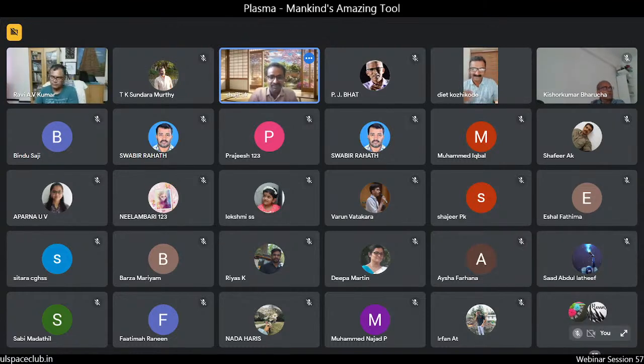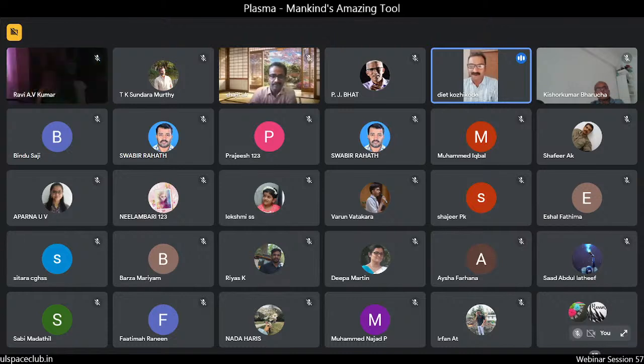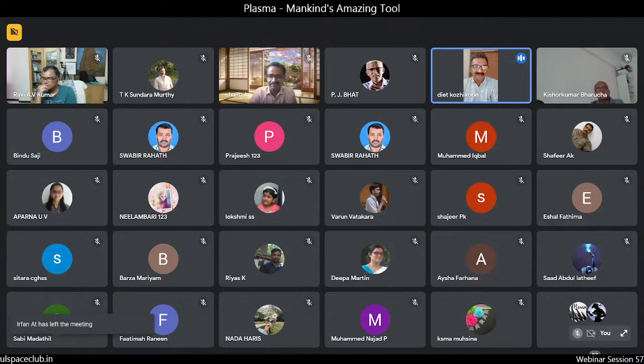Welcome. Thank you, Shajil sir. It's a wonderful opportunity to hear Dr. Ravi sir about the Plasma Research Institute as well as the various activities engaged by the research institutes.